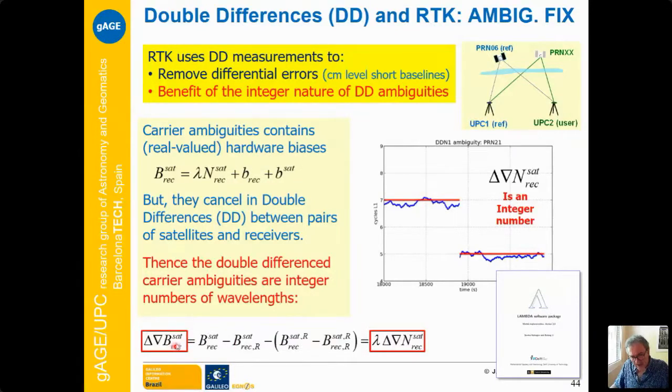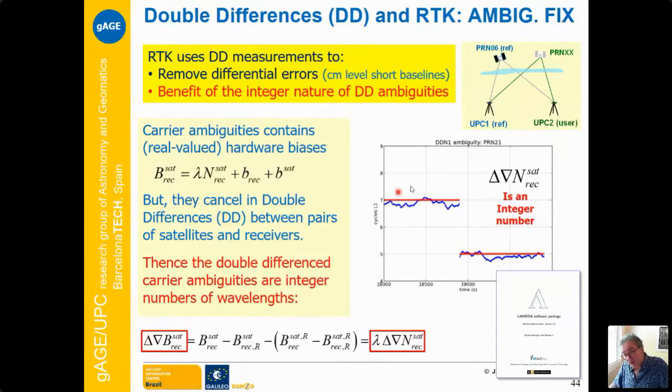What we have in double differences is an ambiguity which is an integer number of wavelengths. This is important because we can take benefit of this integer number of wavelengths.